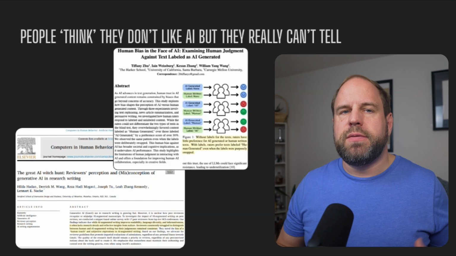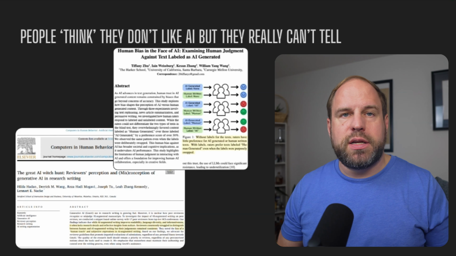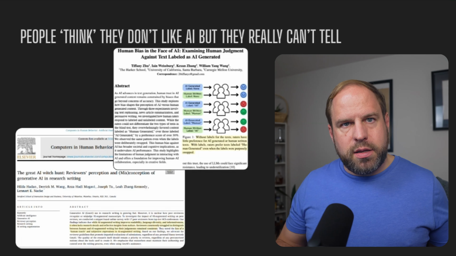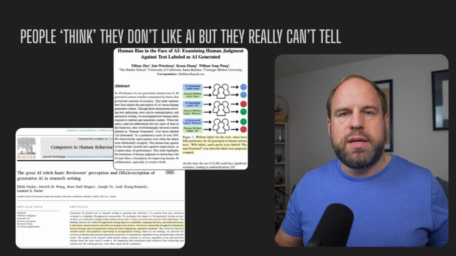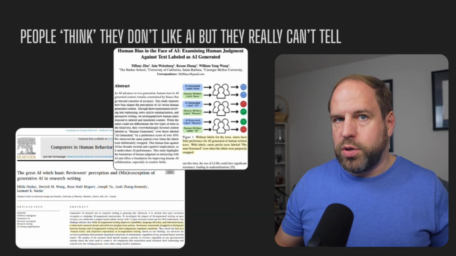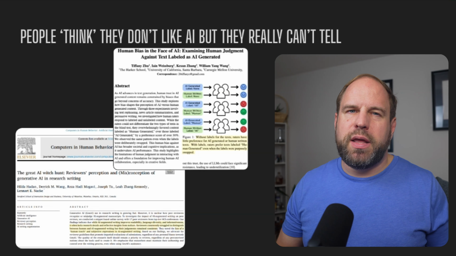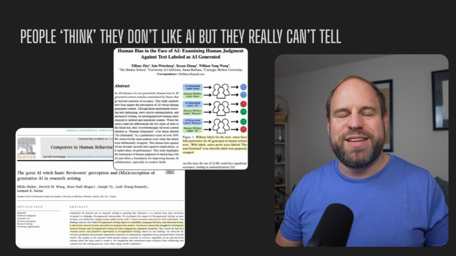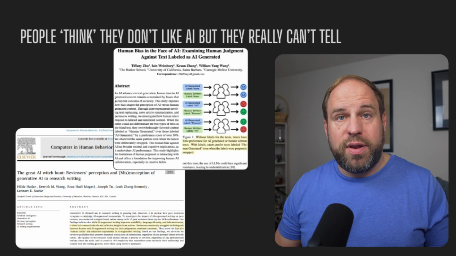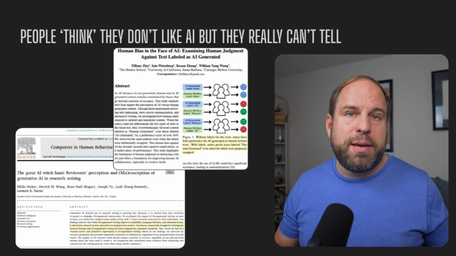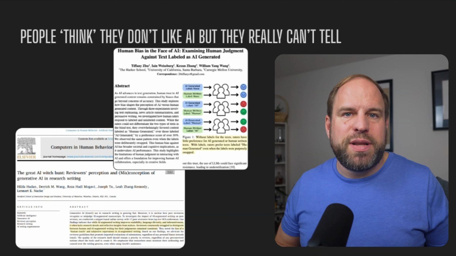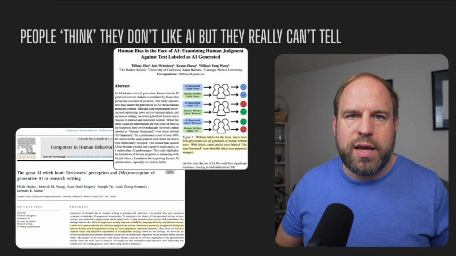And this is where it gets interesting. One of the things that we've seen in studies, we've run a study ourselves, there's lots of other studies out there now, is that people are basically exposed to output that is AI generated, and that is either labeled as AI generated or not labeled. And people think they don't like AI because as soon as something gets labeled as AI, then they have a negative sentiment towards that thing that they're looking at, right?